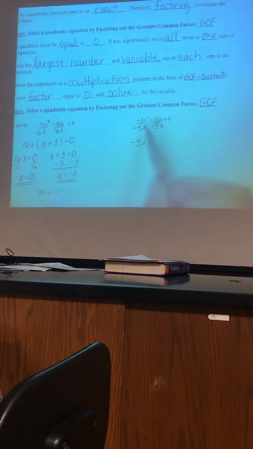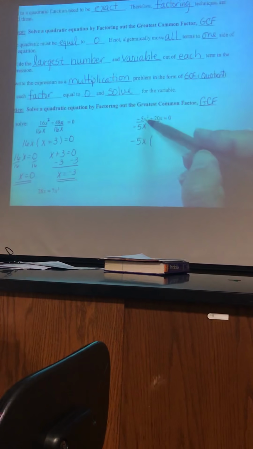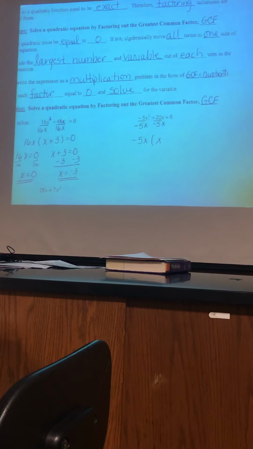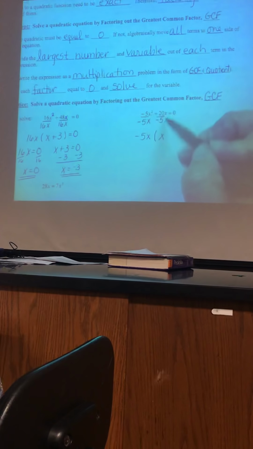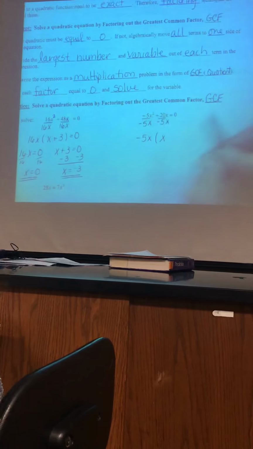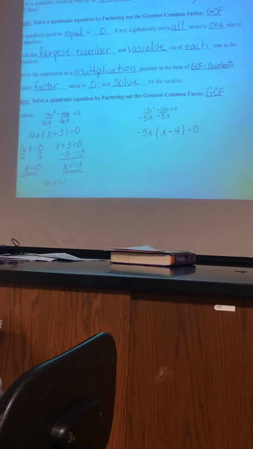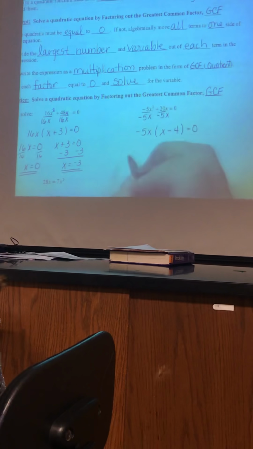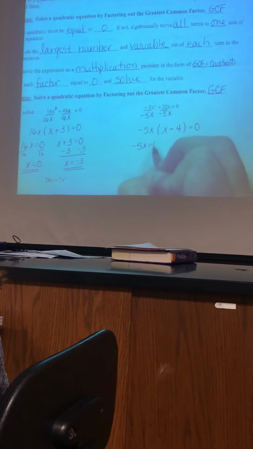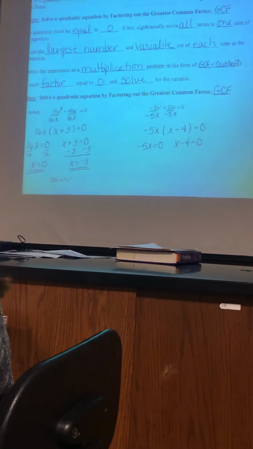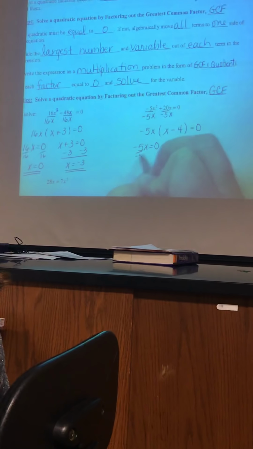Now, what I'm left with, when I take -5x squared and divide by -5x, I'm left with an x. And when I divide 20x by -5x, I'm left with -4. I'm going to take each of those factors and set them equal to 0. I'm going to solve for x. So I'm going to divide by -5.